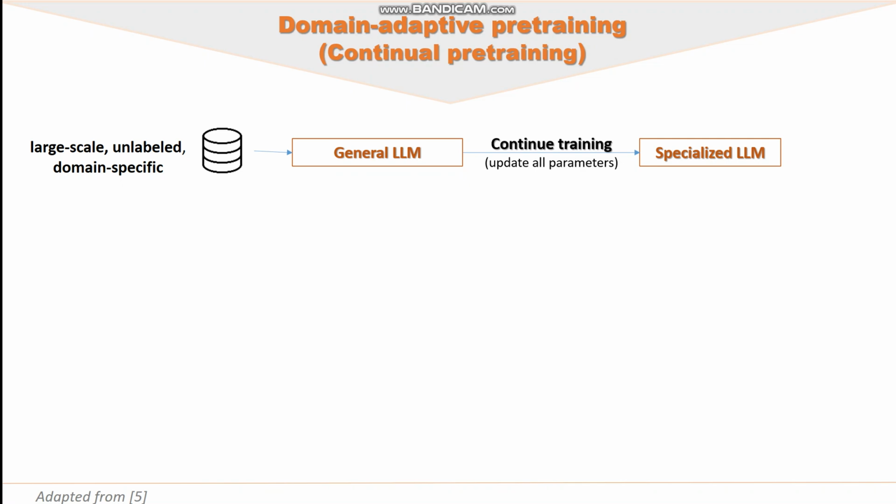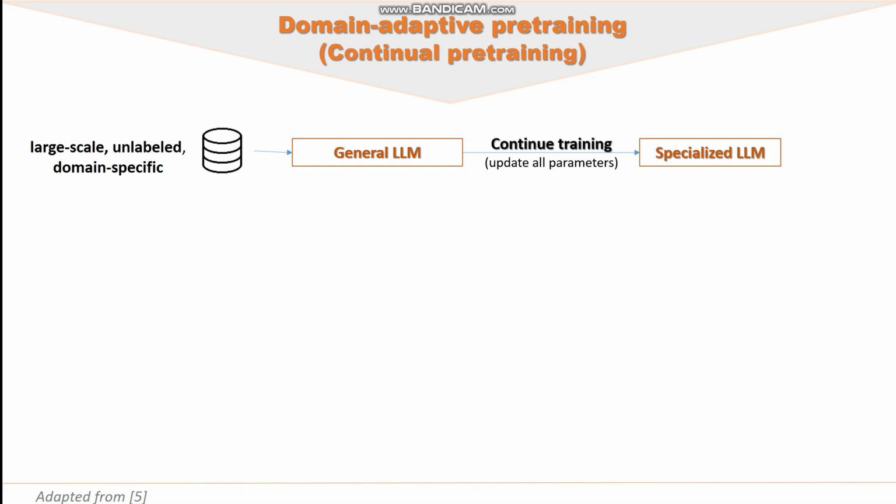The next approach is continual pre-training, also called domain-adapted pre-training. Unlike fine-tuning, which uses small labeled datasets, continual pre-training uses large unlabeled medical corpora, such as clinical notes, biomedical papers, or research abstracts.